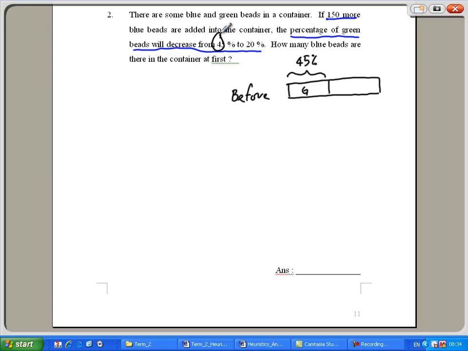Here. And the blue beads obviously will be 100% minus 45%, that would be 55%.